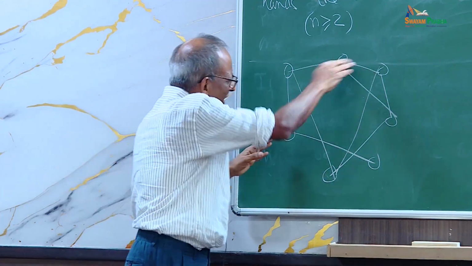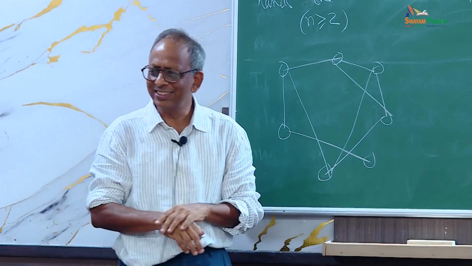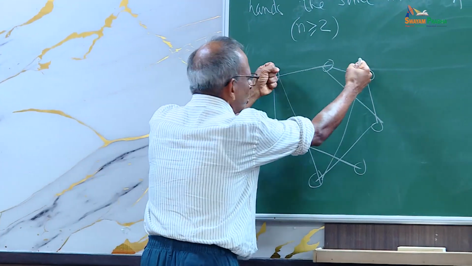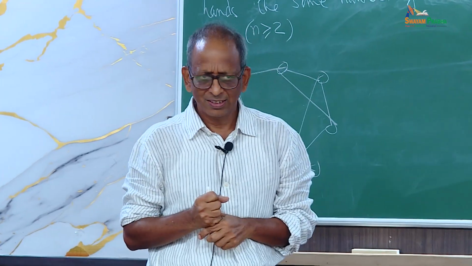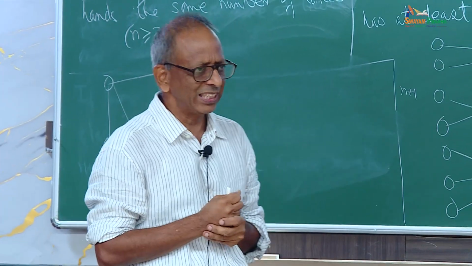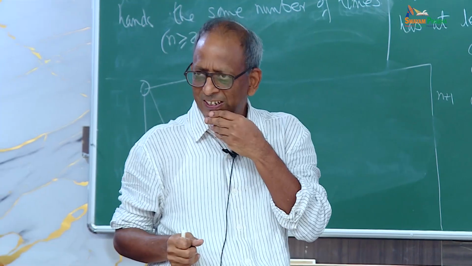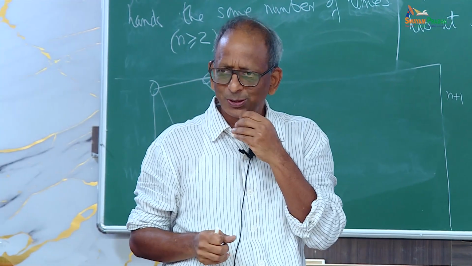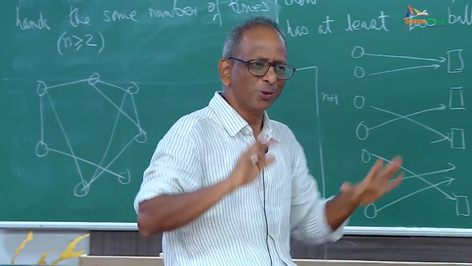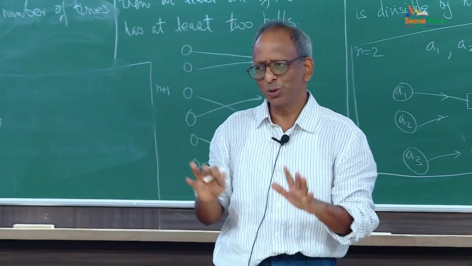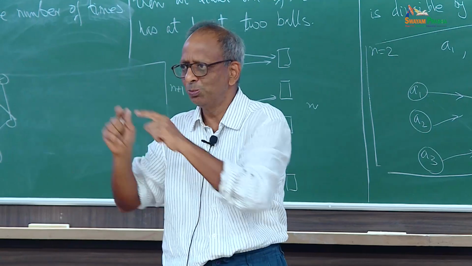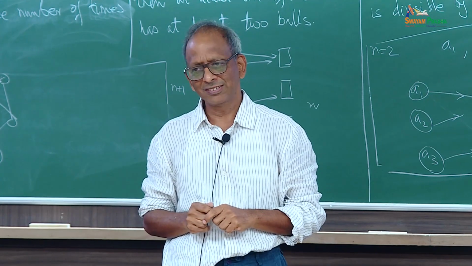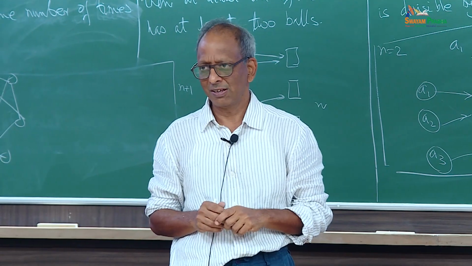But no matter how you draw these lines, there will always be 2 who have shaken hands the same number of times. Whichever party you go to, at the end you ask everybody how many times they shook hands, and there will always be 2 people who shook hands the same number of times.